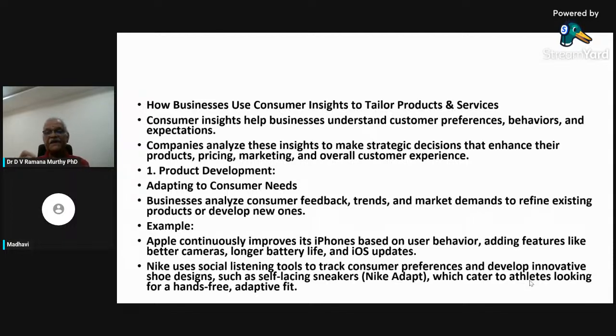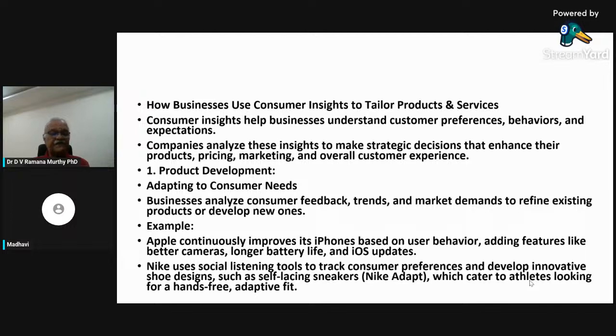They track user behavior, mind it, and only then can they understand what features need to be developed more and improved, like better cameras or longer battery life, iOS updates, service updates and all. This kind of thing is made possible only through research.